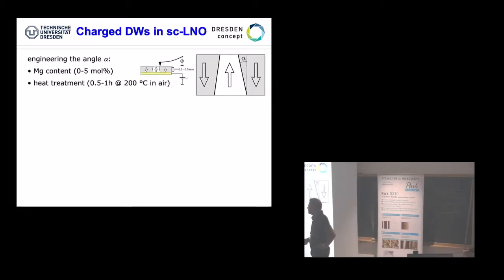We started really simple by saying, okay, let's take this kind of congruent lithium niobate here, and that per se is always a little bit magnesium doped. Now this magnesium is the question: is this a dopant in the sense of as you put in boron or phosphorus into silicon, and hence the conductivity properties are changing, or has that some other meaning?